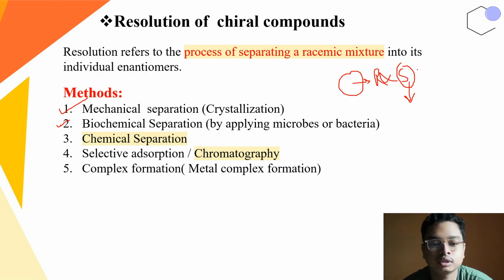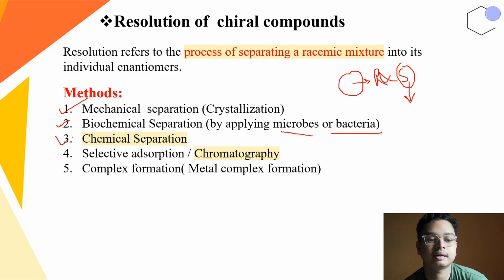This is due to the fact, as I already discussed, that enantiomers are physically and chemically the same until they are exposed to a chiral environment. By applying microbes or bacteria, we are basically giving a natural chiral environment, and some bacteria will react only with one of the enantiomers, and from there we separate the other enantiomer from the racemic mixture.